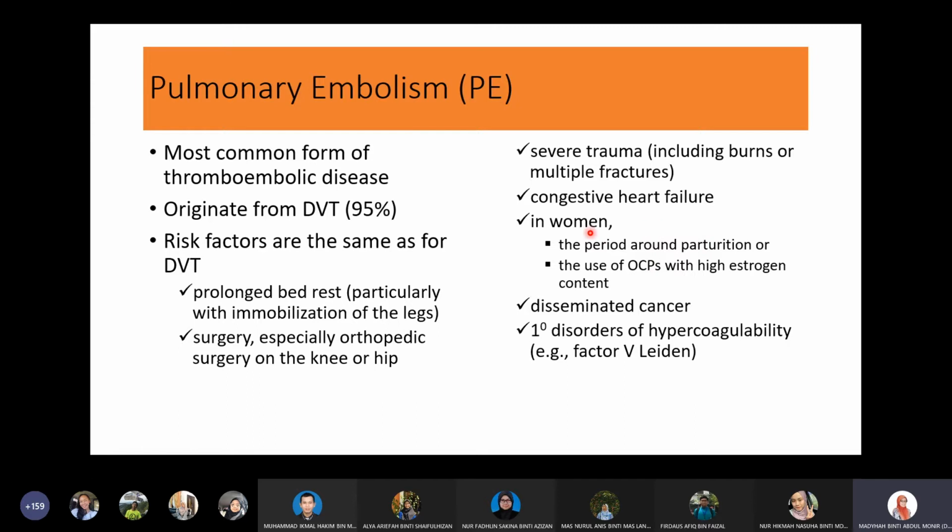I have mentioned that when the period is near delivery, a woman will have a hypercoagulability state. Also the use of oral contraceptive pills with high estrogen content, patients with disseminated cancer, and primary disorders of hypercoagulability. So I just mentioned some of the ones that are already listed in the table before, right?